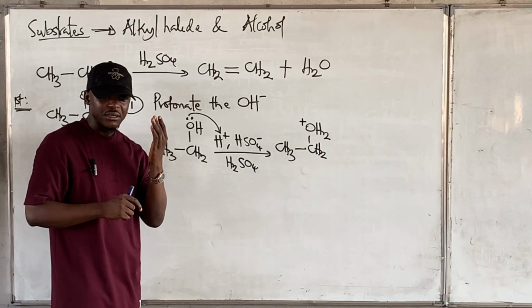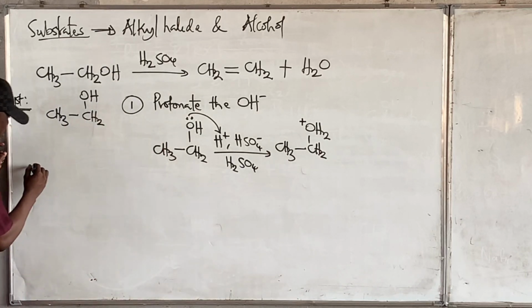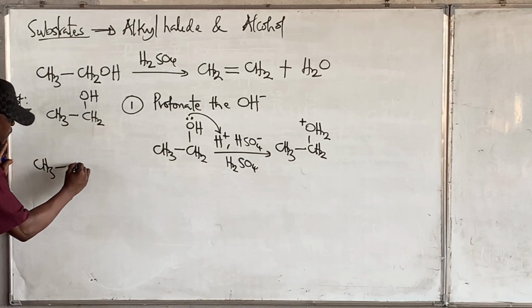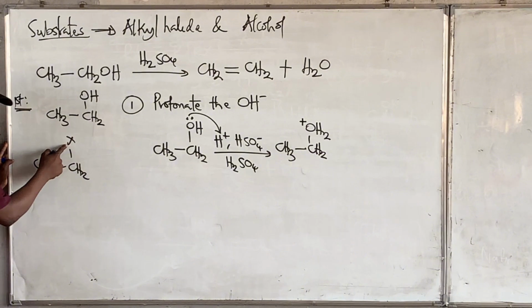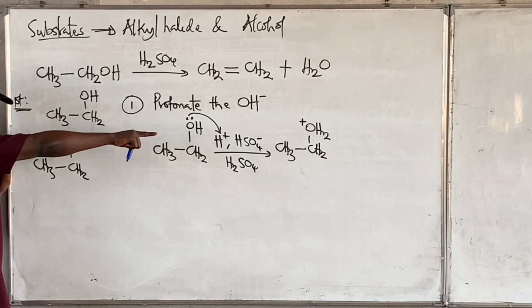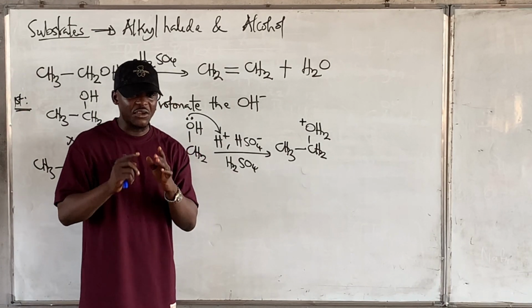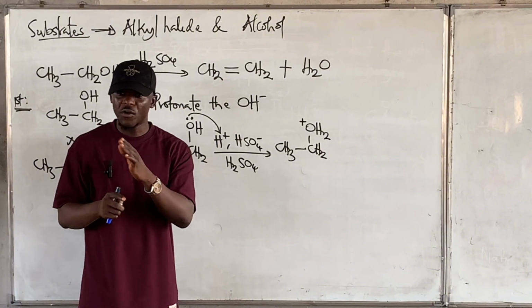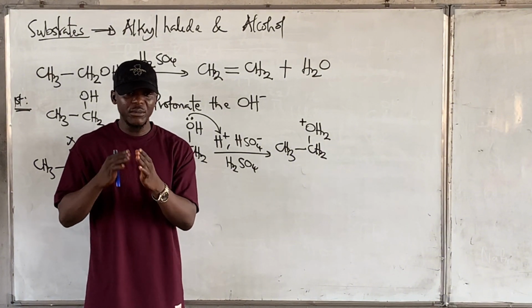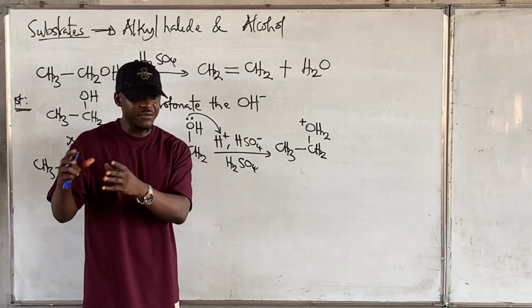The carbon halogen bond was for the case where the leaving group was a halogen. Are you getting me, class? We said carbon halogen bond because the leaving group was a halogen. But in this case, the leaving group is not a halogen. Remember, the first step was the ionization step, right? We want to form a carbocation, and in forming a carbocation, the leaving group has to leave.